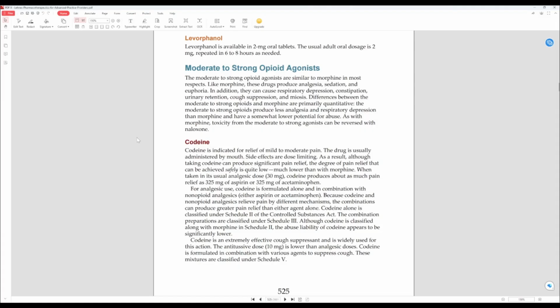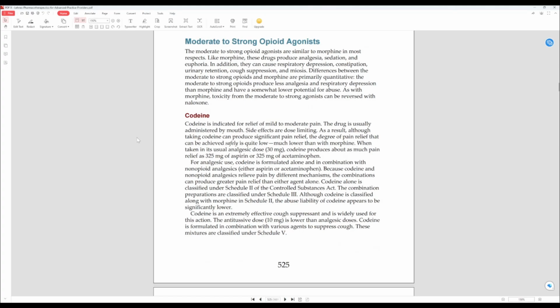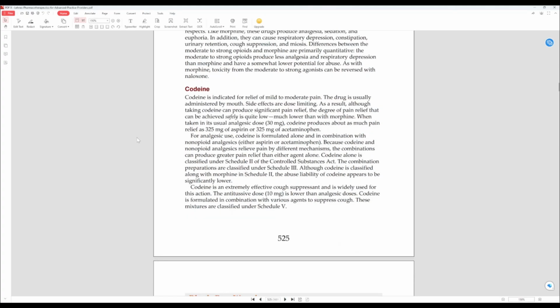The differences between these moderate to strong opioids and morphine are primarily quantitative. The moderate to strong opioids produce less analgesia and respiratory depression than morphine and have a somewhat lower potential for abuse. Similar to morphine, toxicity from the moderate to strong agonists will be reversed with Narcan.